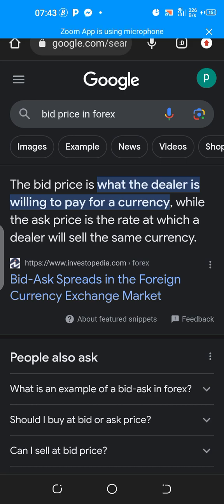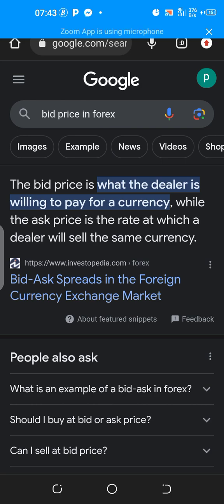Now the difference between the bid price and the ask price, the price you are willing to pay for a currency or give off your currency for, is the difference between the seller's price and the buyer's price.